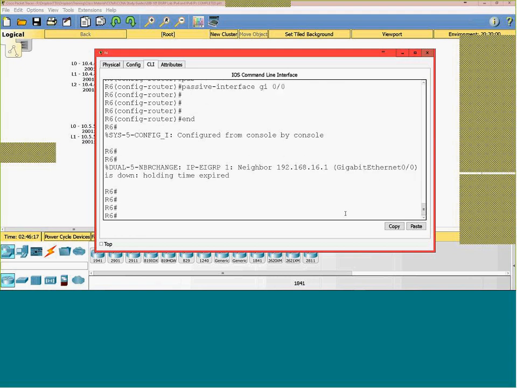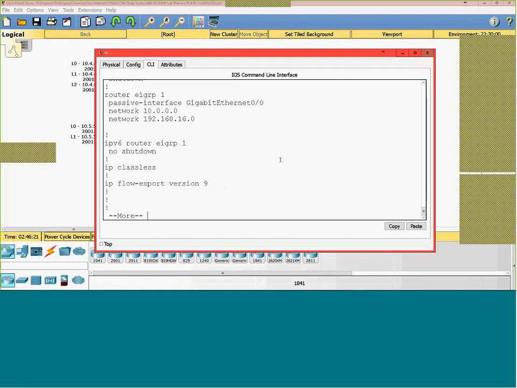All right. Now, if I do a show run, I can see that the 192.168.16 network, which is Gi0/0, is still part of EIGRP. But because the interface is passive, it's no longer sending hello packets, which means that the router on the other side basically thinks that I don't exist anymore.